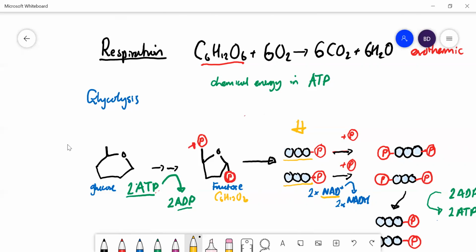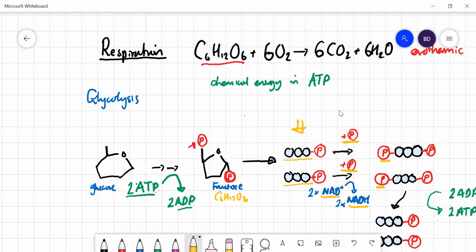And in the process of NAD+ oxidizing that, you get NADH made. So in this stage here, you end up with 2 molecules of NADH, which is 2 high energy intermediates. And also, what happens in this stage is you transfer an inorganic phosphate, so it's not from ATP, and you stick that onto the ends of the molecule. So you've now got 2 phosphate groups on each of those 3 carbon molecules.